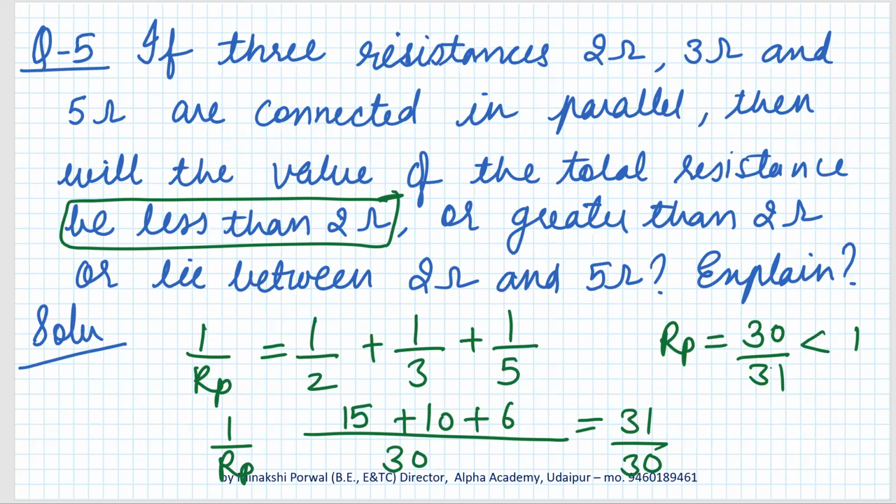So we have always seen that when various resistances are connected in parallel, the resultant resistance is reduced, and the resultant resistance is even less than the smallest value. So when these three are connected in parallel, the equivalent resistance will be even less than the smallest resistance among them.